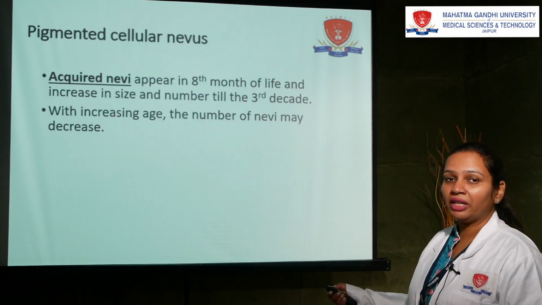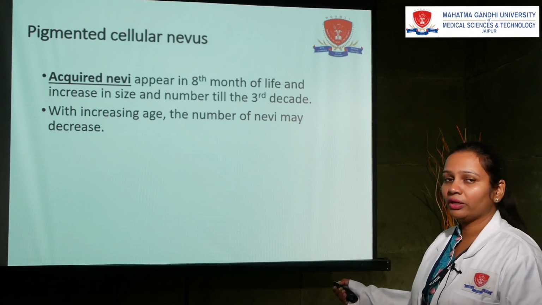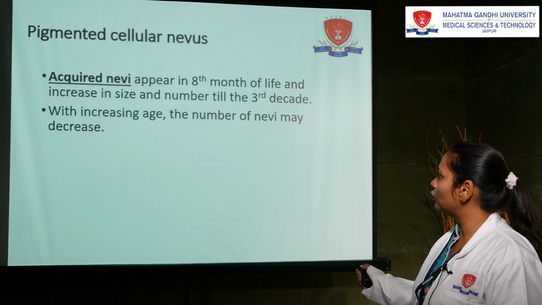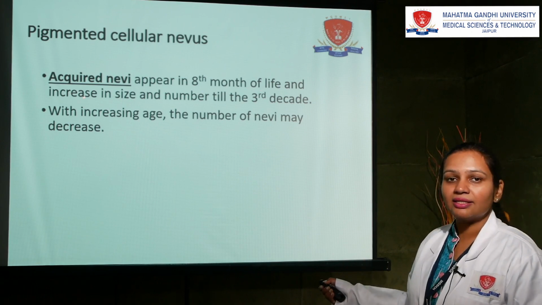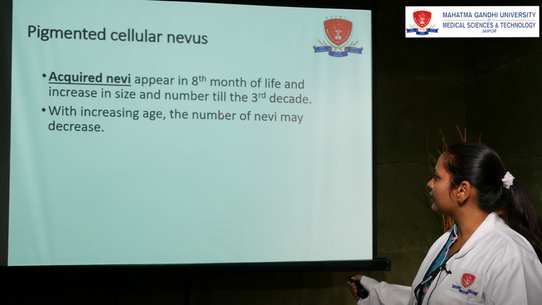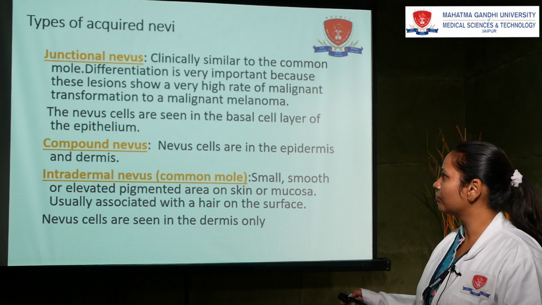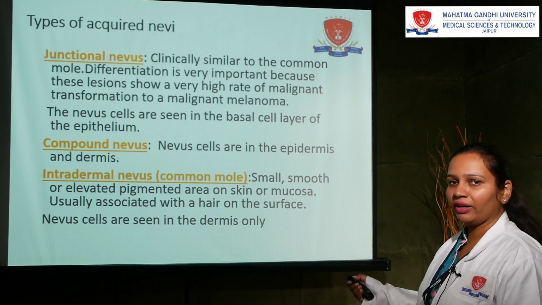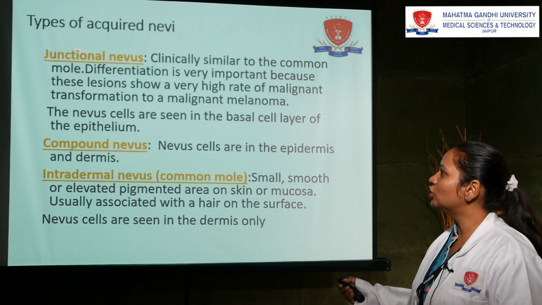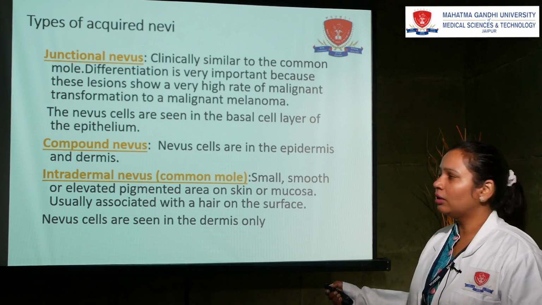Now coming to pigmented cellular nevus, the acquired nevi appear in the 8th month of life and increase in size and number till the 3rd decade. With increasing age, the number of nevi may decrease. Now the types of acquired nevi, as I have told before: junctional nevus, clinically similar to the common mole.